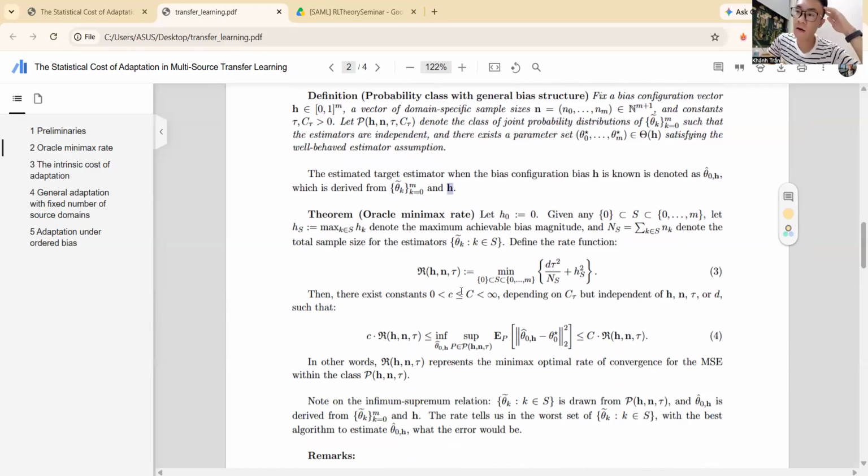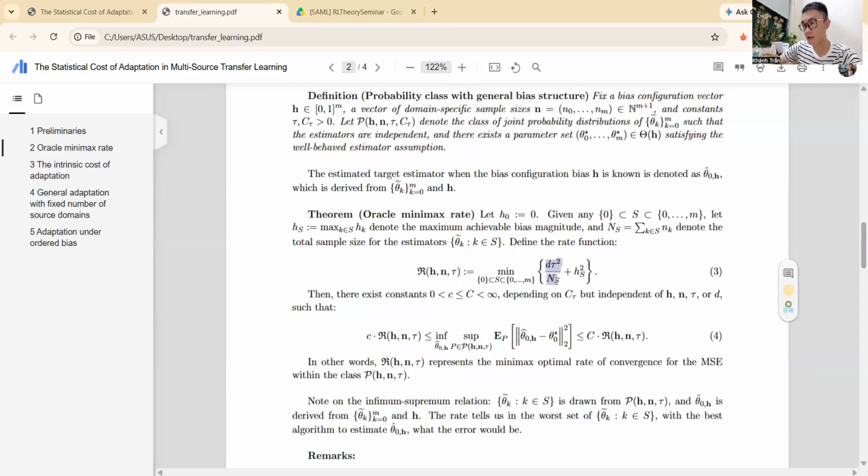Okay, so the next is the minimax rate. Given a subset of the domains S, which contains the target domain and is a subset of the source domains, the rate function R is the minimum over S of the value d tau square over n_S plus H_S square. Here d is the dimension of the estimator, so the estimator has d parameters.